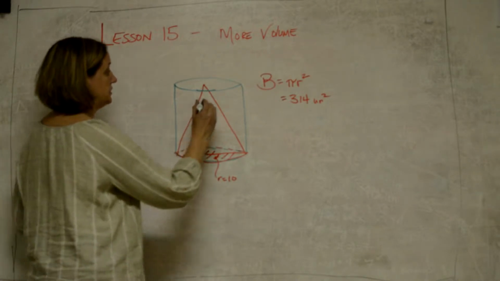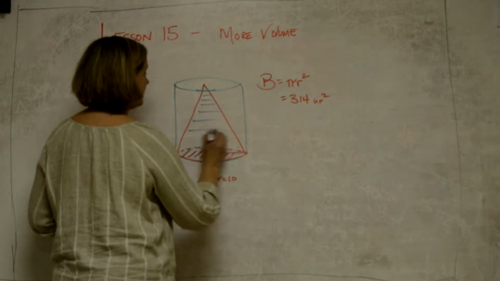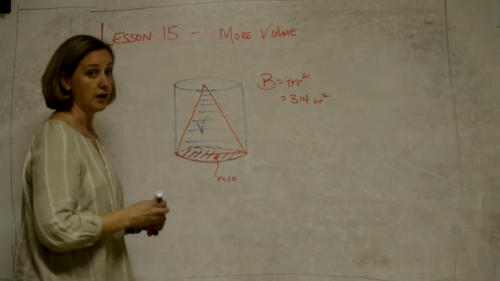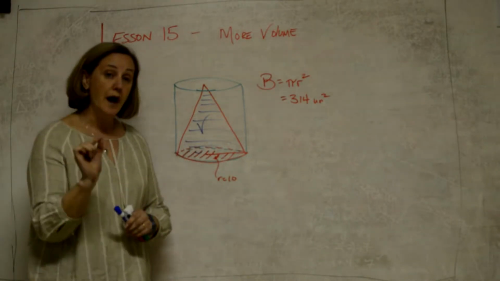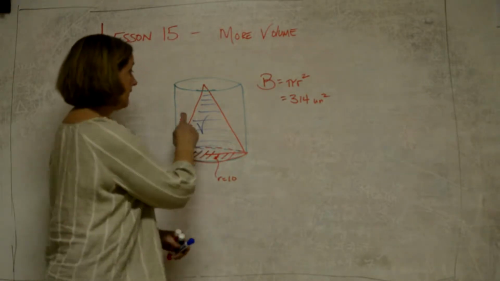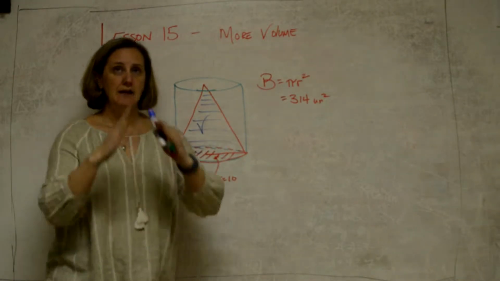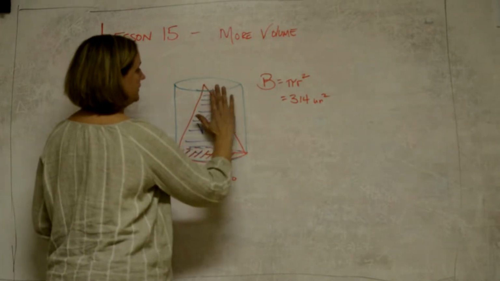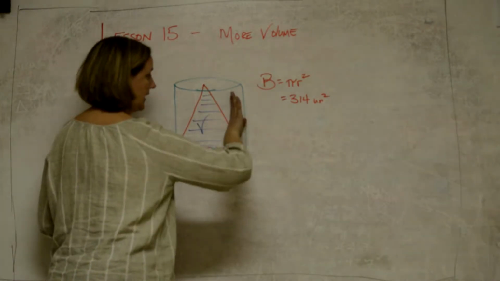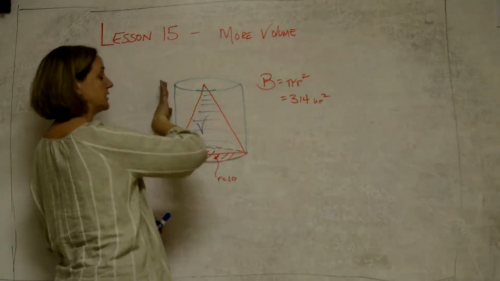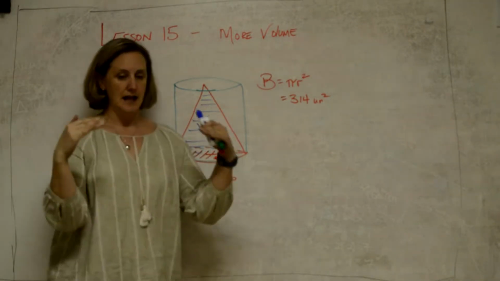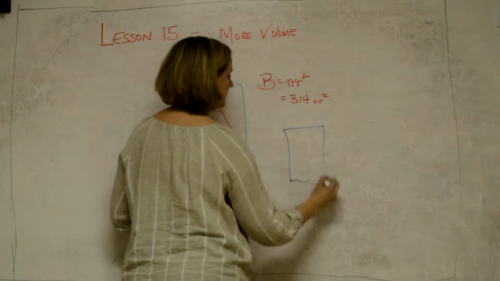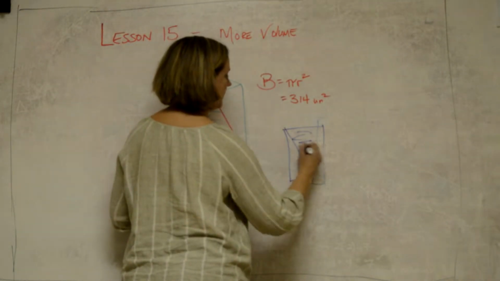Here's what I want you to notice: the volume inside this cone, all right, is 1/3 of the volume of the cylinder. If you can imagine that this whole side, if you took this and wrapped it around itself, and you took this one and wrapped it around itself, right?